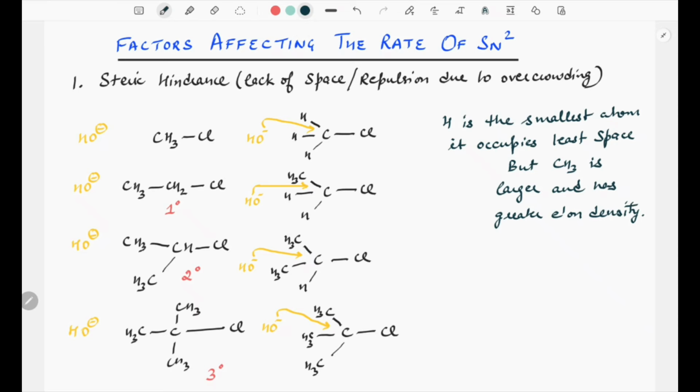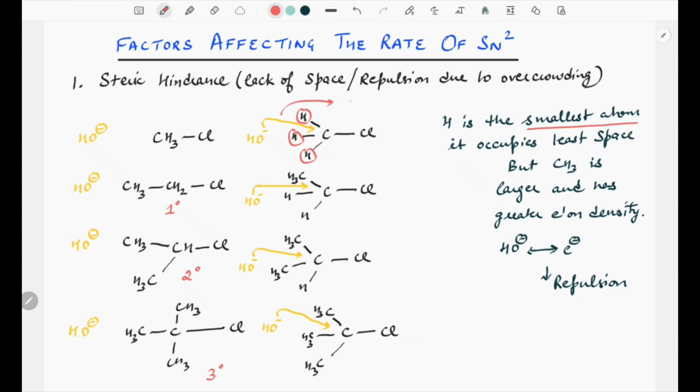In case of electron density, the incoming nucleophile is negative. If there is more electron density, then there are going to be forces of repulsion. Now look closely. Here all three are hydrogen, which are the smallest.